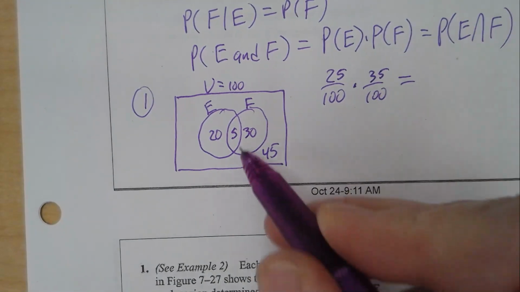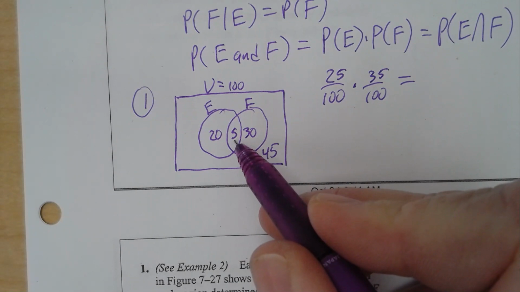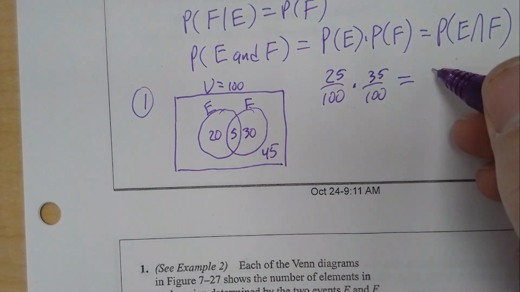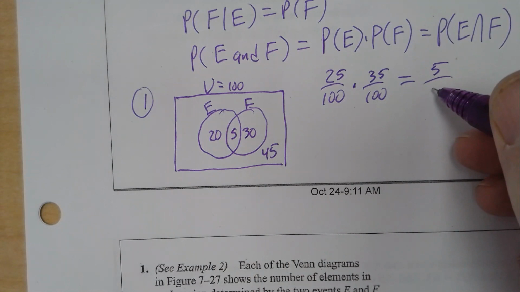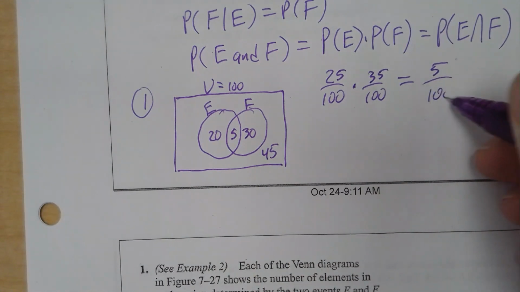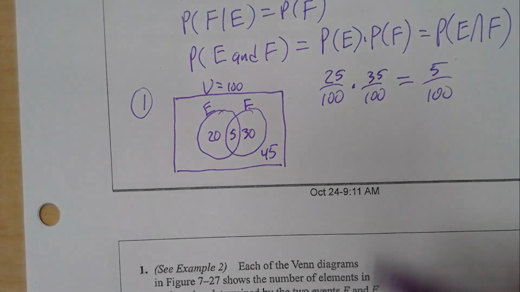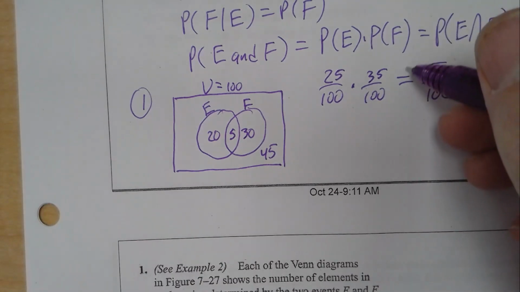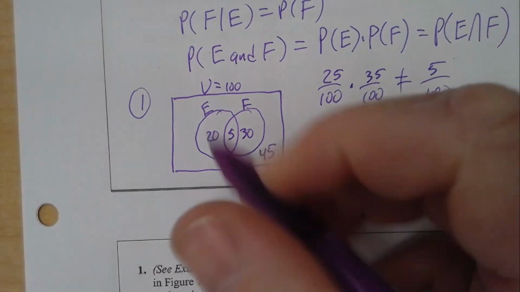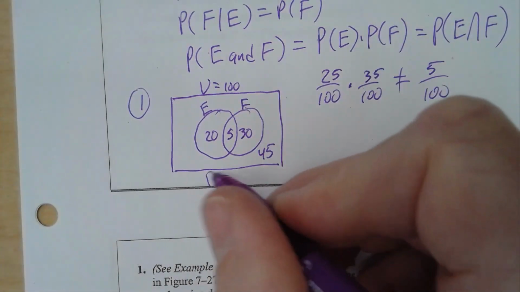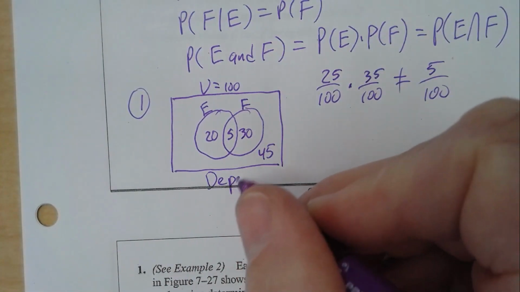Does that equal the probability of the intersection of those two, which would be 5 out of 100? Does this times this equal that? It does not. So this would be no. Those are not equal to each other. So that means this scenario here represents dependent events.